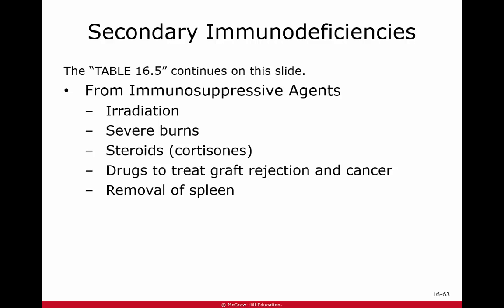Sometimes people are exposed to immunosuppressive agents that suppress their immune system, like steroids, or there's been some irradiation, or the drugs that they have to take to keep from rejecting a graft or a transplant. Maybe your spleen has been removed or you have cancer.